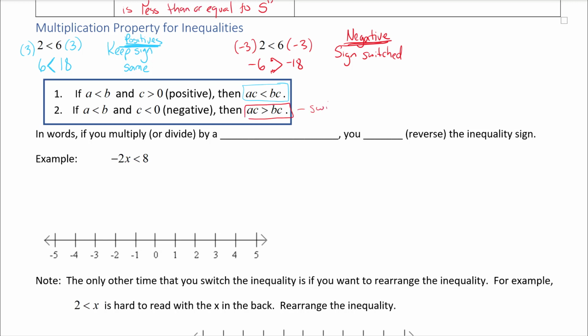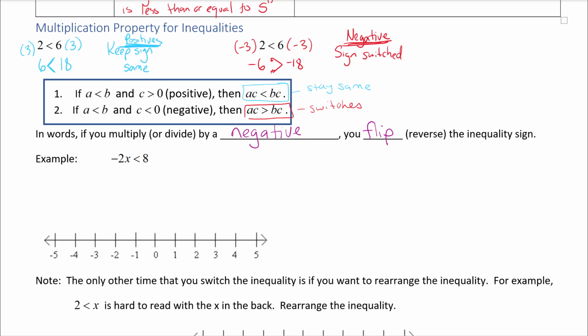Your sign switches. So I know this algebraic writing is really difficult, so I'm going to just give it to you in words for the rule. If you multiply or divide by a negative, you have to flip or reverse the inequality sign.